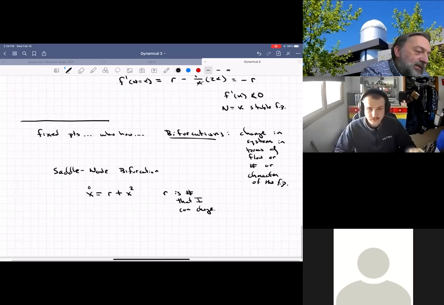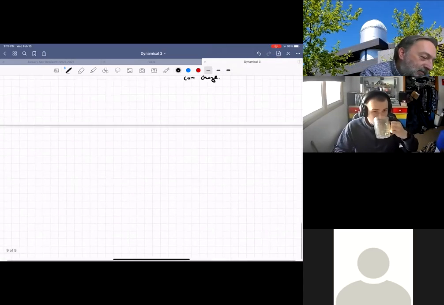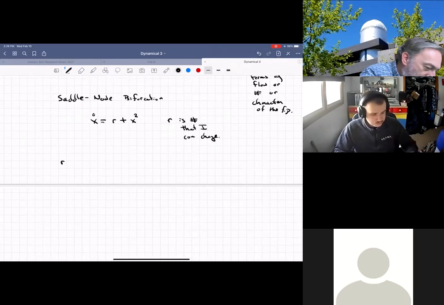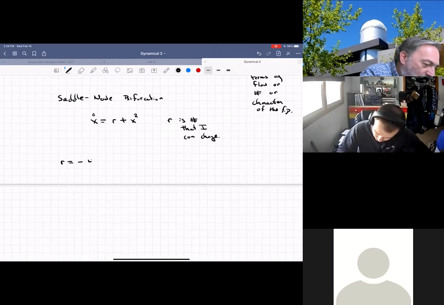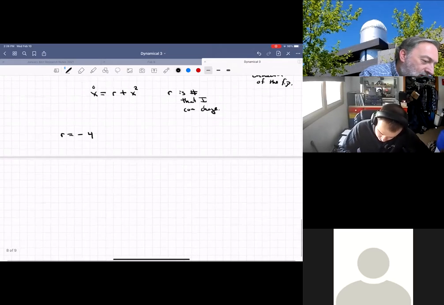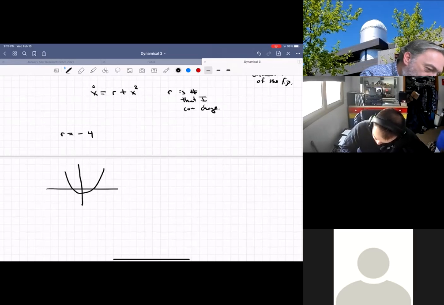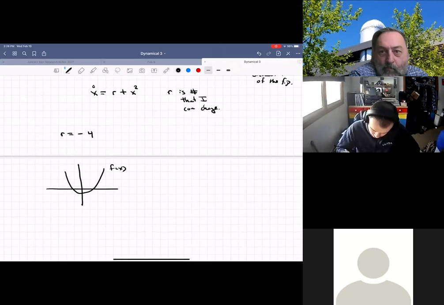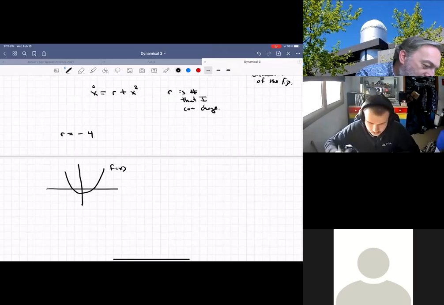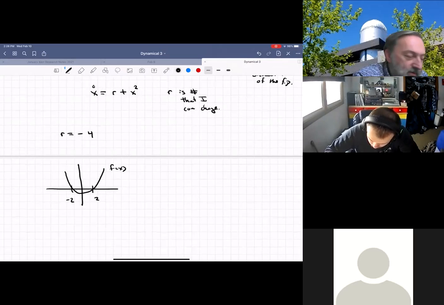So for instance, let me suppose that r is minus 4. Then f of x would look like that, at r equals minus 4. And I would see that I have a fixed point at 2 and another fixed point at minus 2.